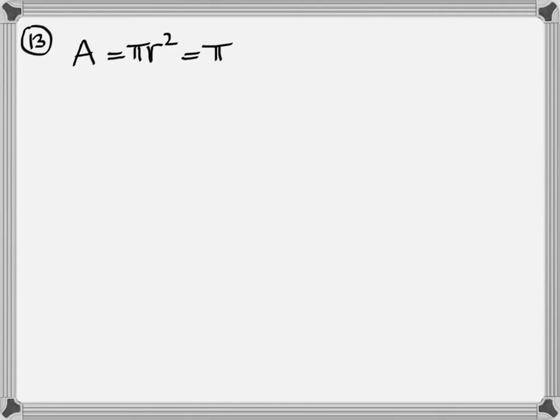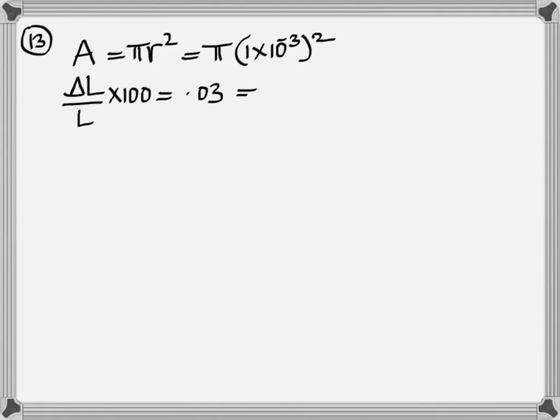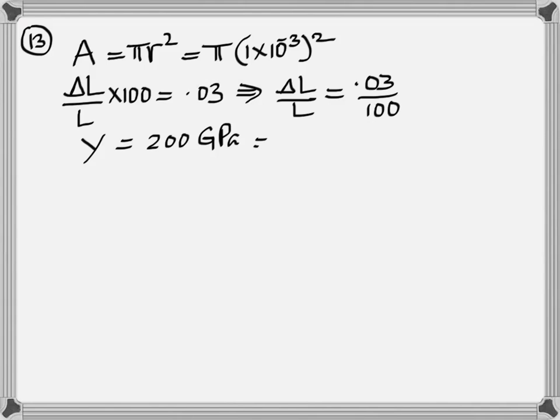Now the last one. Since it's given as a percentage, that's why you multiply with 100 here. Okay. Young's modulus would be surely given. Gigapascal is 10 to the 9.